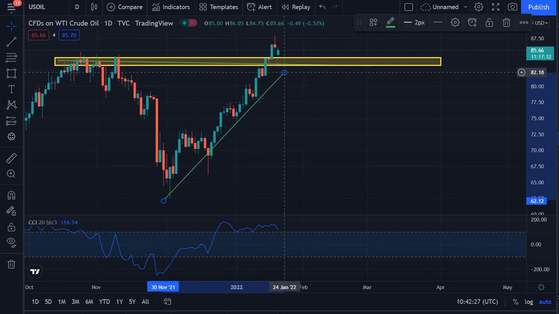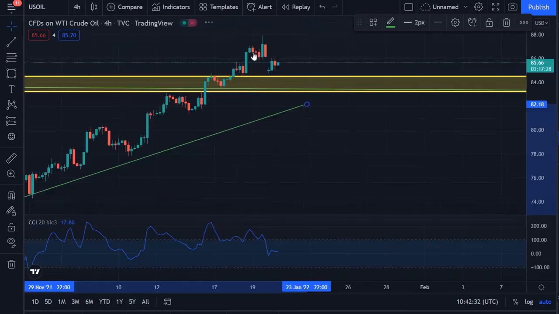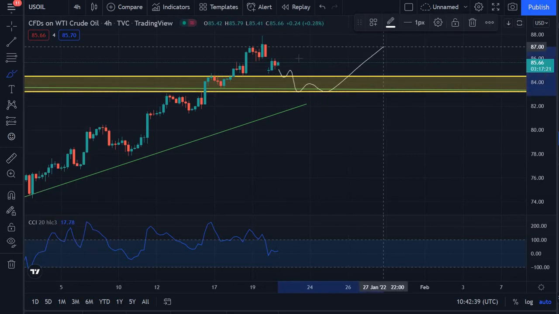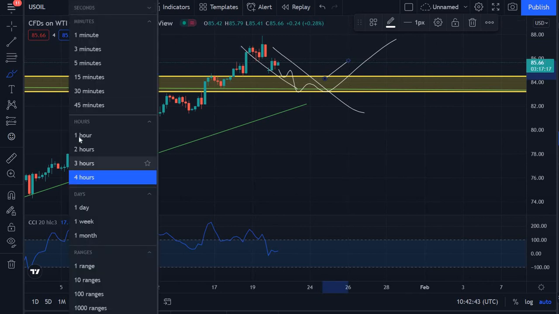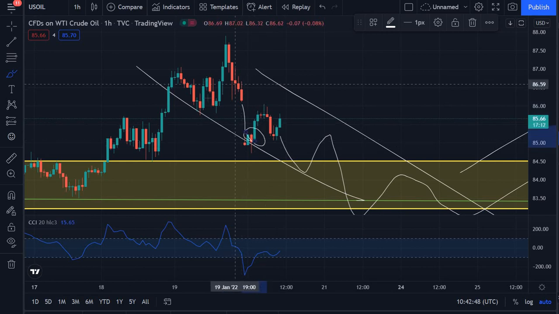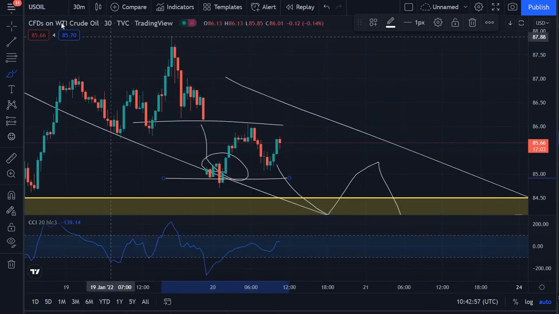So here, as you can see, now looks like crude oil is pulling back somewhere around here. We should see a bullish sign, and then maybe forming a channel and then a breakout. On the 1 hour chart, we fell pretty well, about $1, but still moved to the upside. 30-minute chart, not much going on.